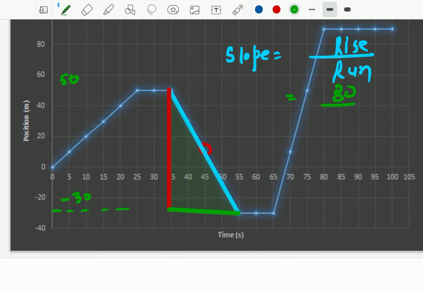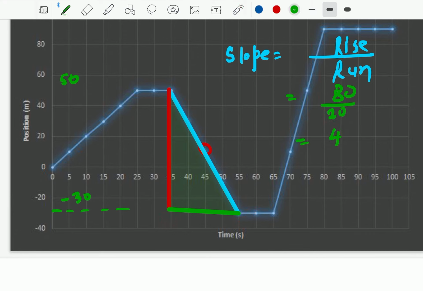And the run is this segment here, and this is 35 and that is 55. So the length of this one would be 55 minus 35, which would be 20.